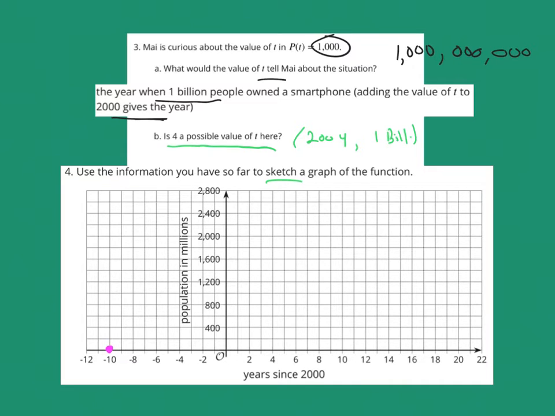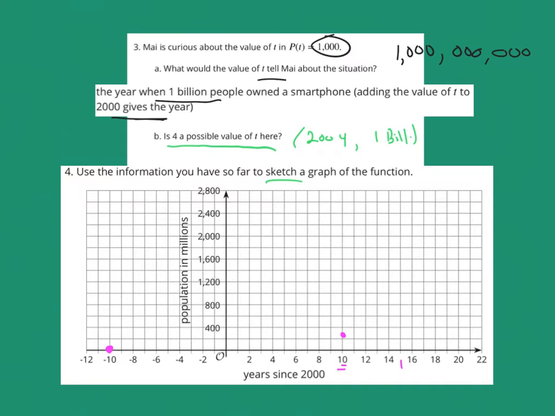And again, keeping in mind this is population in millions, we were given that 10 years since 2000, at T equals 10, the number was about 296.6, which puts us right around there. We said that in year 15, or 2015, the value was 1,860.